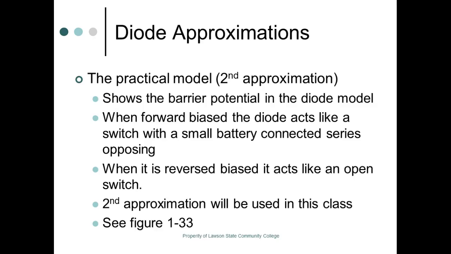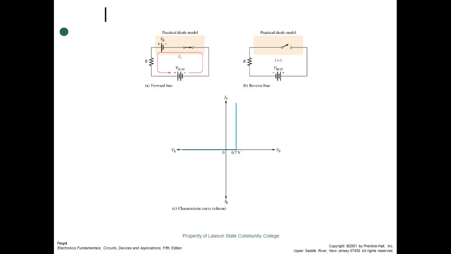So we're going to use second approximation, which is basically what we've already been using. So second approximation is this. If it's a silicon diode, we say, okay, it's going to start conducting at what? 700 millivolts, and this line goes straight up. And then when I reverse bias it, it blocks everything. This is second approximation, and this is what we're going to use. Is it perfectly accurate?